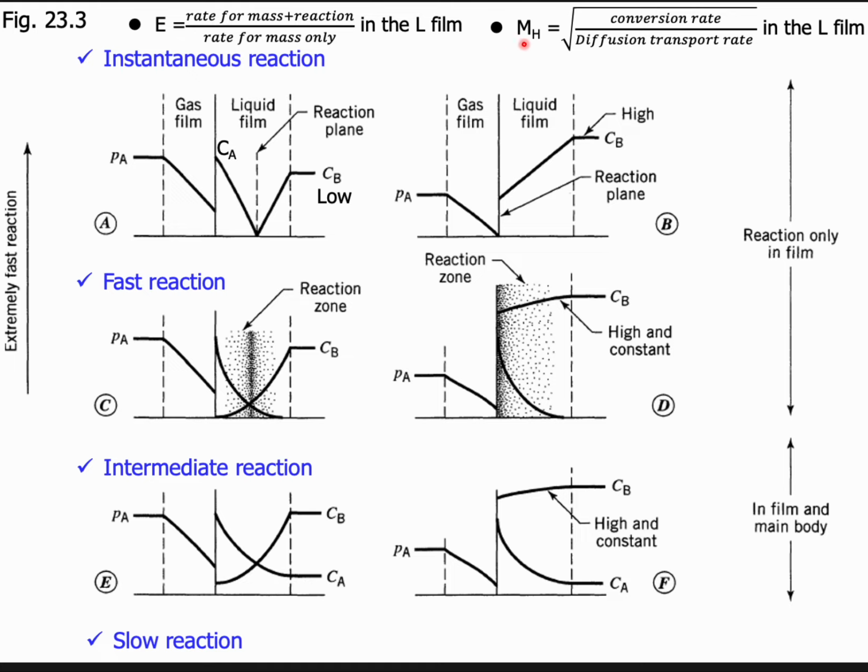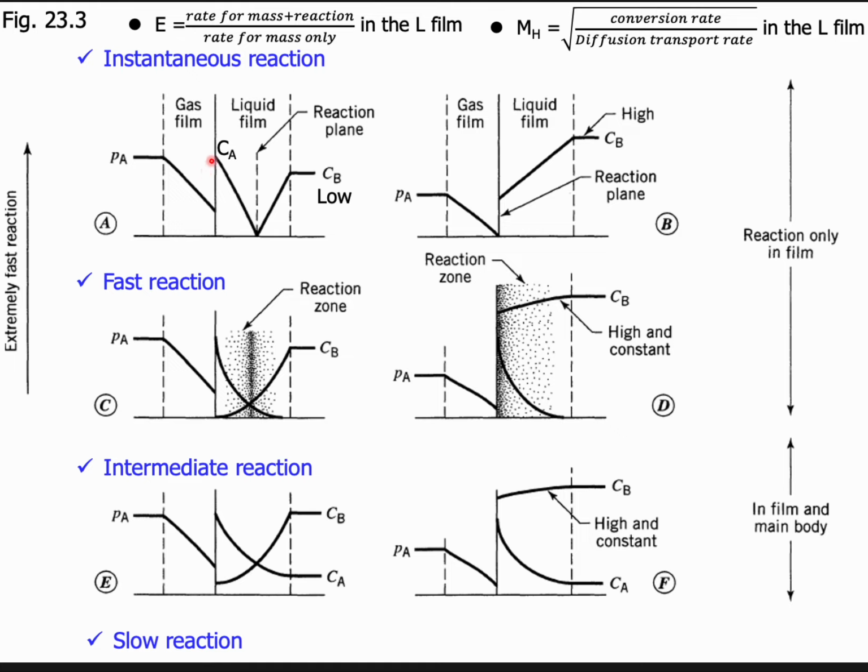Different MH means the reaction rate compared to mass transport goes from very fast to slow, and it will affect the reaction locations, and also lead to different consumption rates of reactant A for these fluid-fluid reactions. We have 7 different patterns for fluid-fluid reactions.